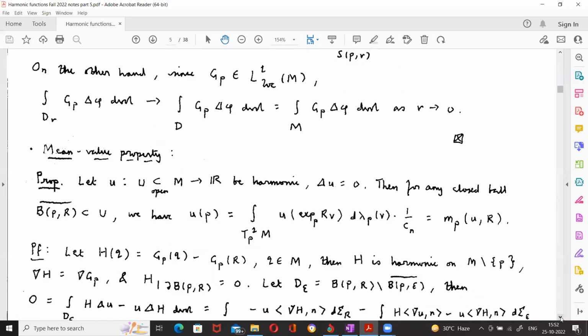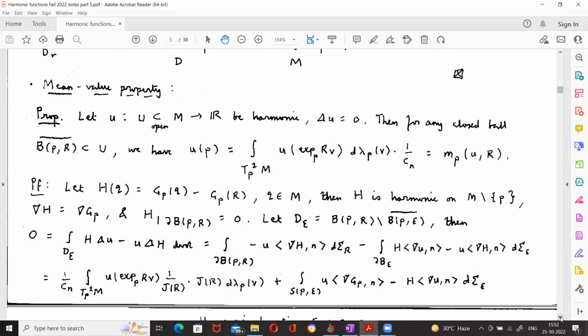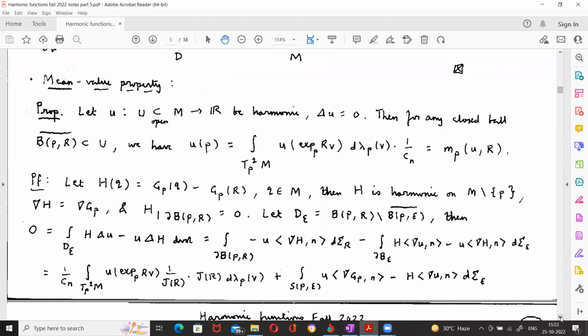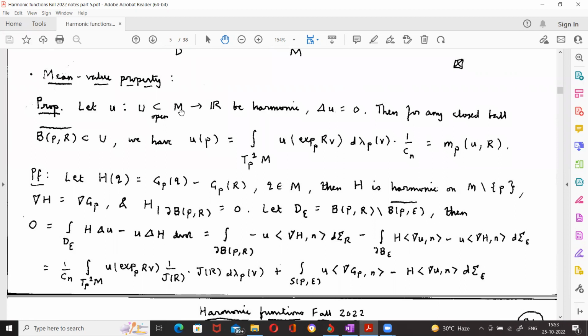Okay. So we can now use the Green's function also to prove the mean value property for harmonic manifolds. If u is harmonic on an open set in M, and we take any closed ball of radius capital R in U, then the value of u at the center of the ball is the integral of u over a geodesic sphere, but what's important is the measure with respect to which you integrate over the sphere.